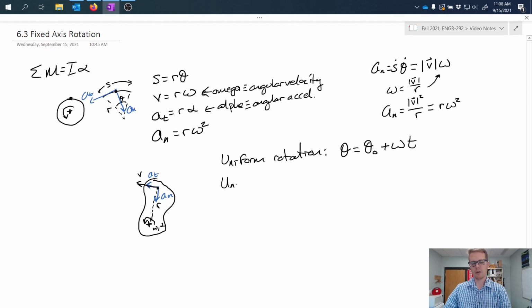Similarly, we have uniformly accelerated rotation, and from that we get a similar looking set of equations, but now written in terms of their angular counterparts.